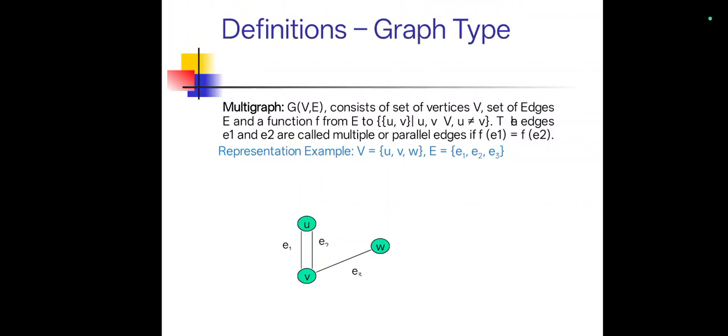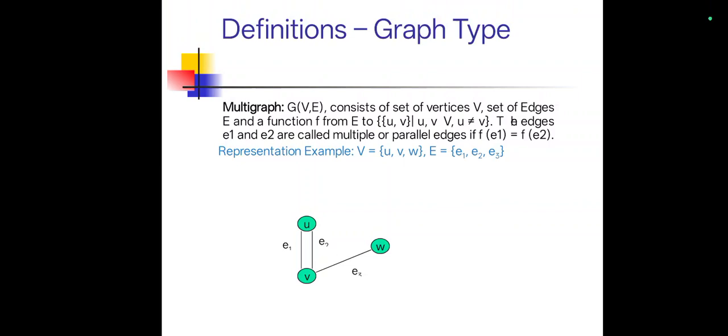Multigraph. G equals (V, E) consists of a set of vertices V and a set of edges E, with a function f from E to {U, V}, where U, V belong to V, U not equal to V. Edges E1 and E2 are called multiple or parallel edges if f of E1 equals f of E2.